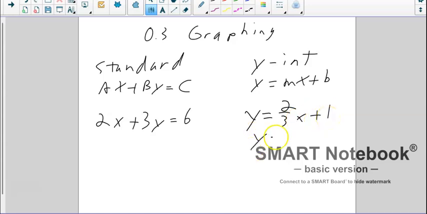Or it might not even have a fraction. It might be y equals negative 3x minus 4. Okay, something like that. Now, these are both graphed in different ways, and you can convert back and forth between the two. But it's much easier if you can learn how to graph based on what you have using the advantage of that system. Okay?